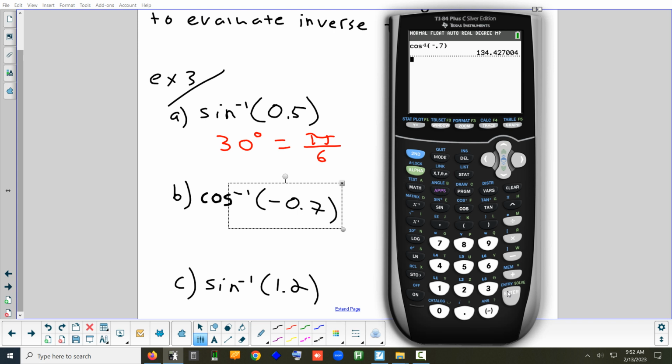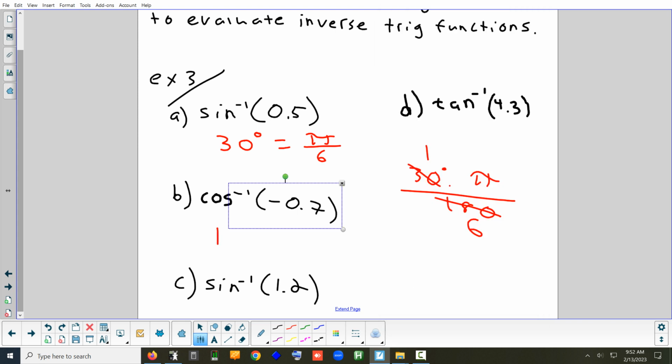Now, that's not a nice answer. It's not like the last one. Because it didn't come out nice, technically it doesn't matter if I do it in degrees or radians, because I'm not going to be able to give you a nice answer no matter which way I do it. Okay, but I said stick with degrees for now. So 134.43.